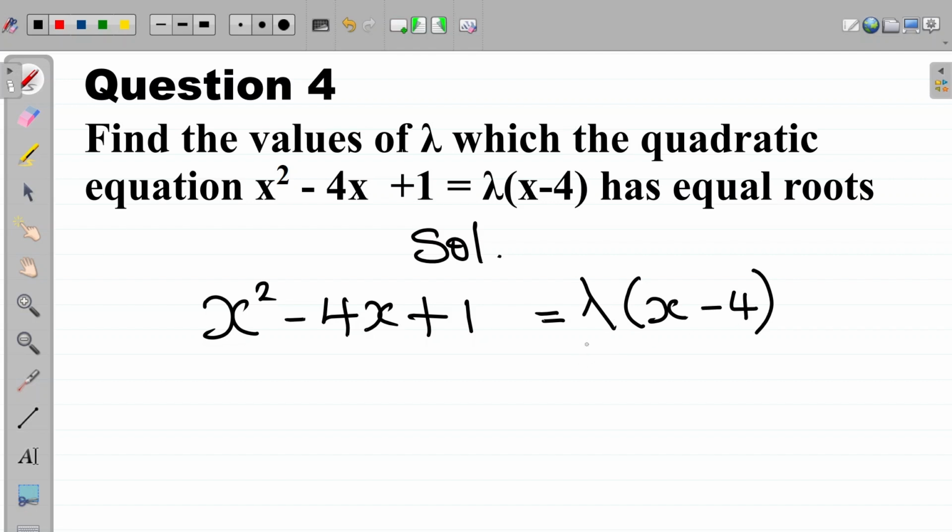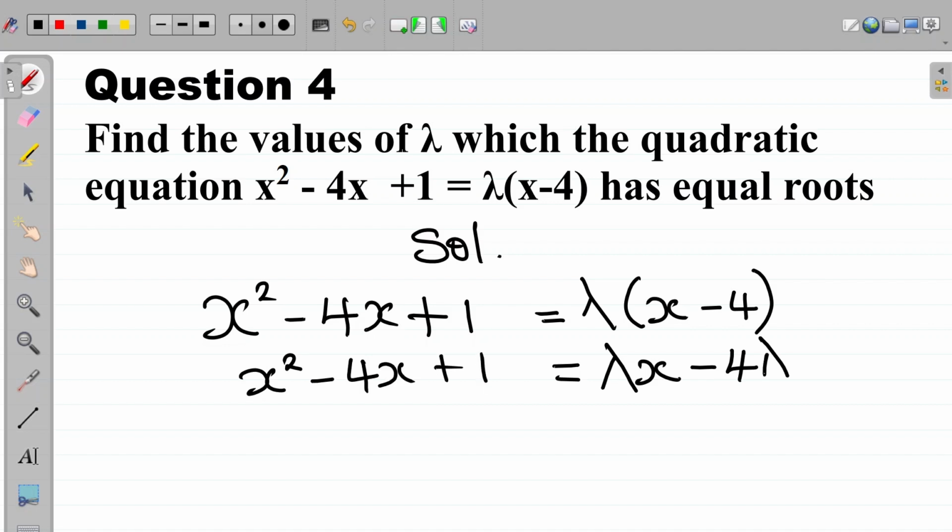Now first, let us open up the bracket in our right hand side. So lambda times x is equal to lambda x. Lambda times minus 4 is equal to minus 4 lambda. Now we have x squared minus 4x plus 1.